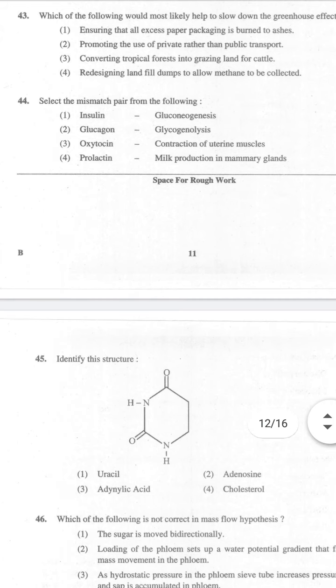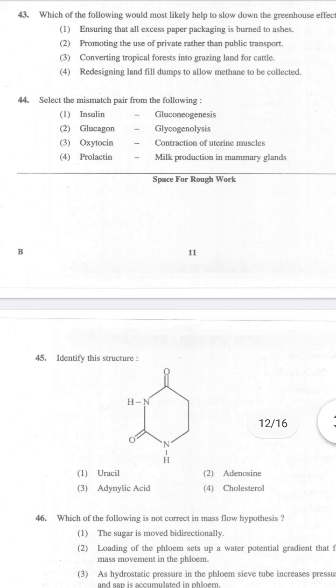Let's discuss the solution for this question. Insulin is secreted by beta cells of the pancreas, helps in regulating glucose homeostasis, and it stimulates the conversion of glucose into glycogen. It is called glycogenesis.